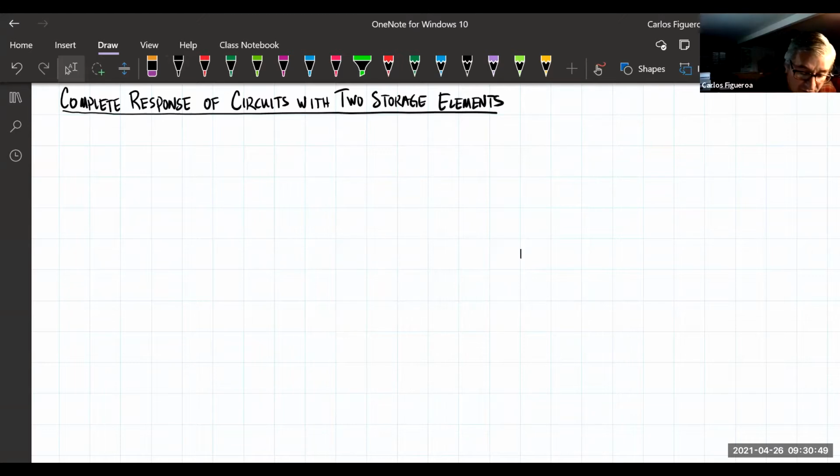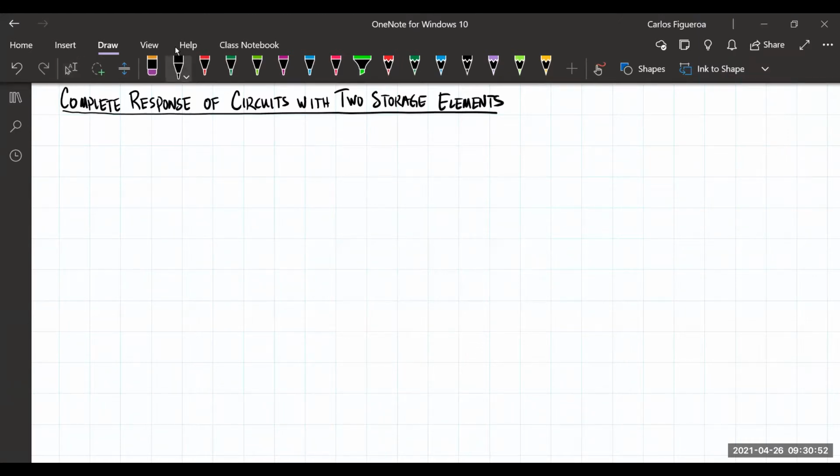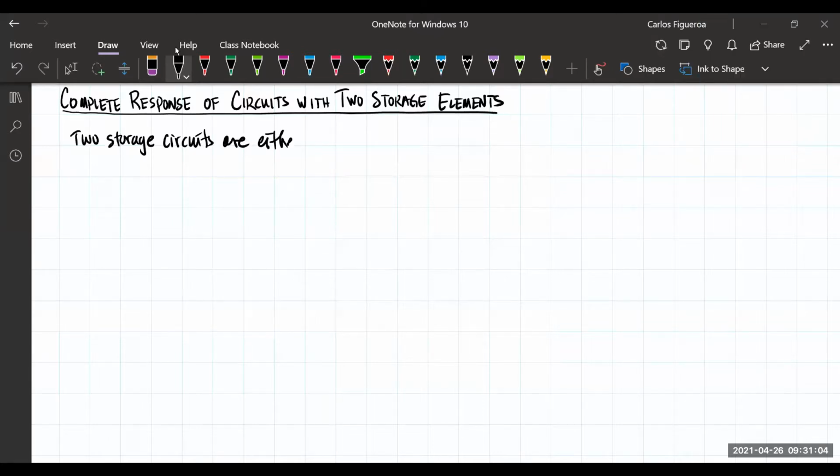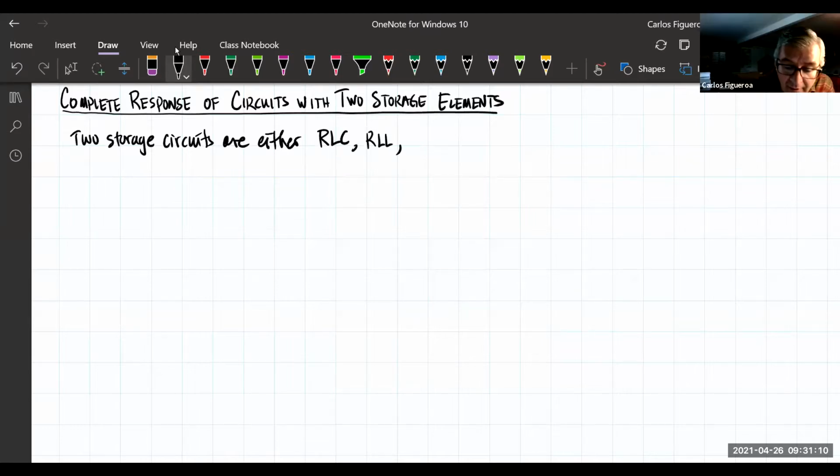Two storage circuits are either RLC, RLL, or RCC.